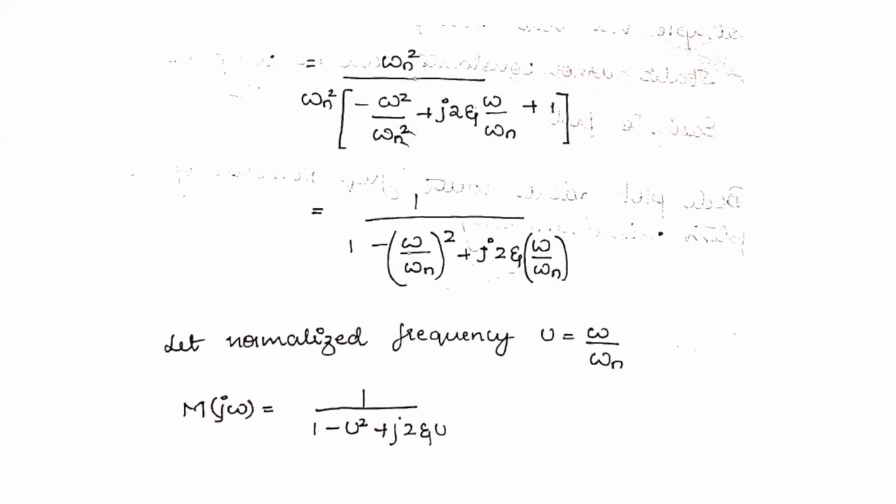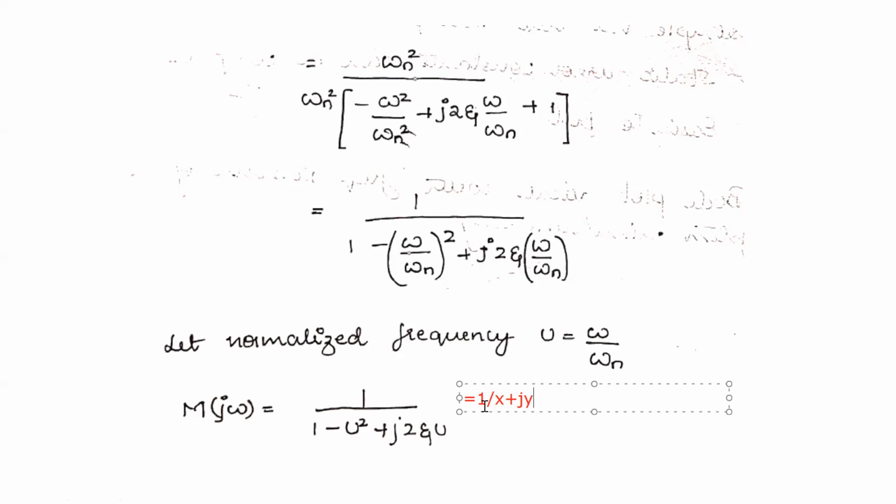So how do we get the magnitude? I can write this as 1 divided by x plus jy. How do I get the magnitude of this?